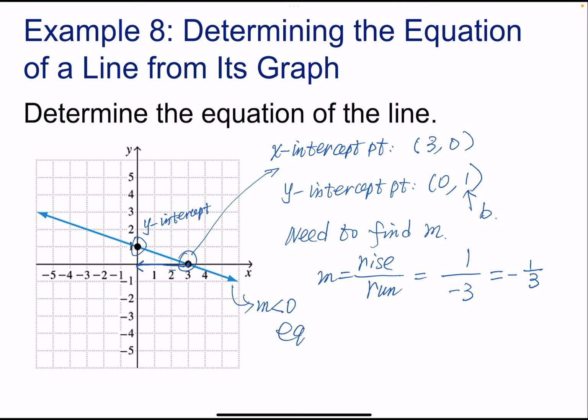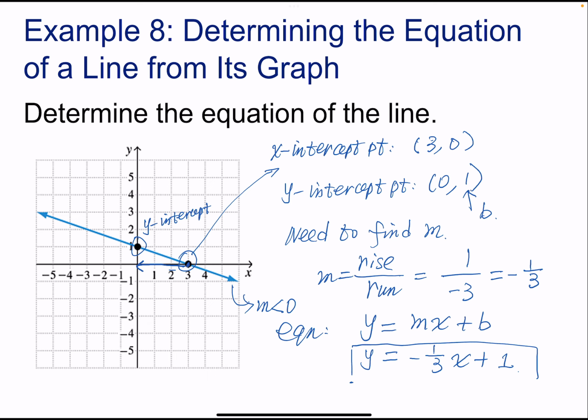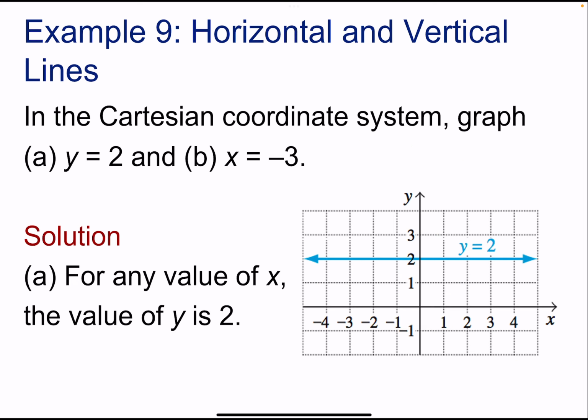Now the equation using slope-intercept form, y equals mx plus b, equals negative 1/3 x plus 1. So that's the equation, and we solved the problem.